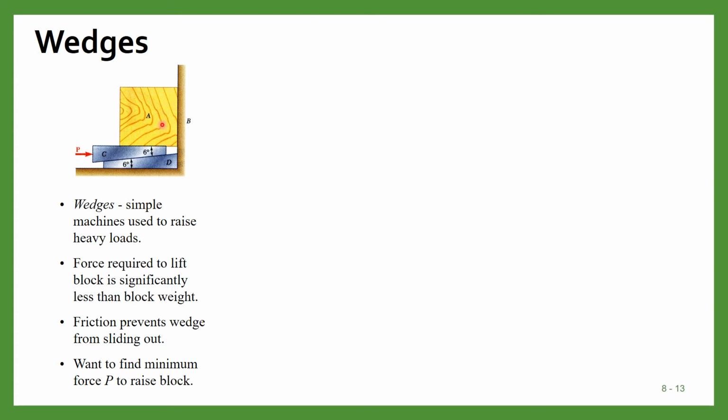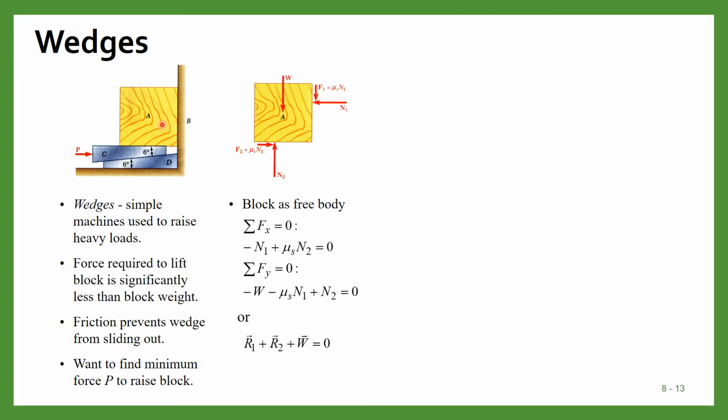For that, we will first draw the free body diagram of this body. In this body, we have the force of weight. Since when we apply this force this block will move in the upward direction, we will have the frictional force towards the downward direction, F1 equals mu s N1.